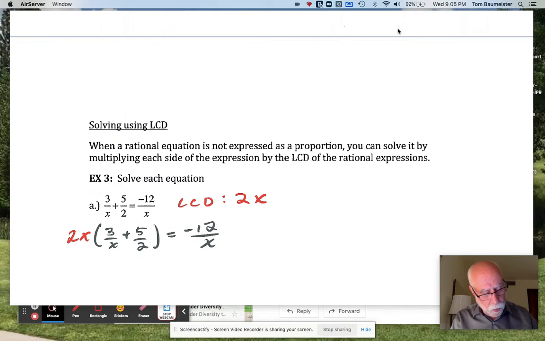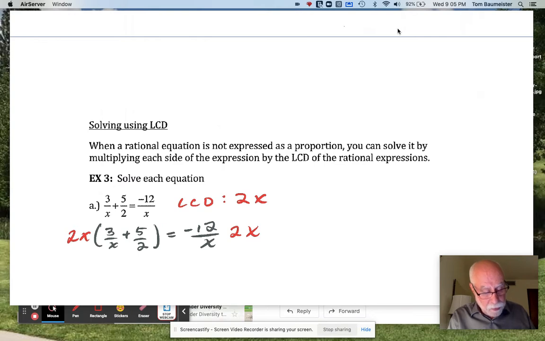And again, I'm going to multiply both sides by 2x. Now, just think about what's happening here. When I multiply the 2x to just the 3x there, the x's are going to go away. So what we're trying to do here is get rid of the fractions, and that's what's going to help us out here.